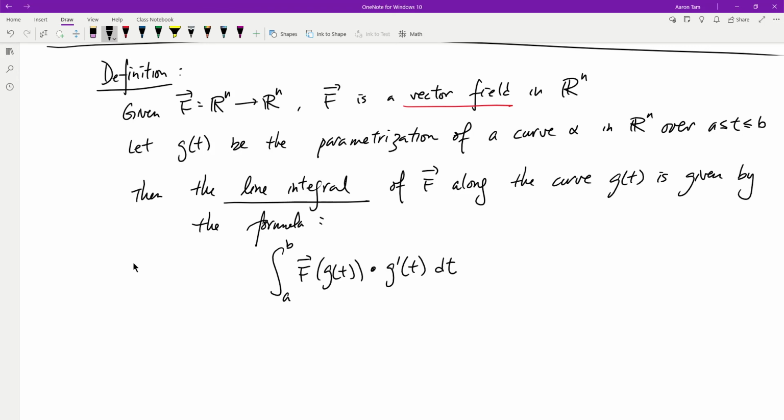Well, we can always try to interpret it as the area under the curve, but it can also represent a lot of different things. Just like a Riemann integral can represent volume under a surface, but it can also be used to calculate a lot of different things, depending on how you interpret the function and how to use the integral. So we're going to talk about the most basic interpretation of a line integral in a little bit, but I just want to give you a definition and want you to know how to use the formula first.